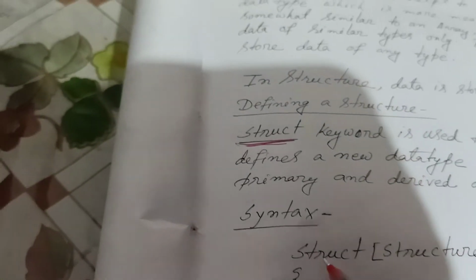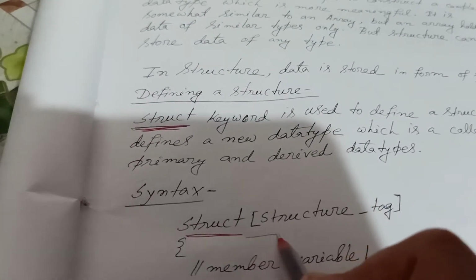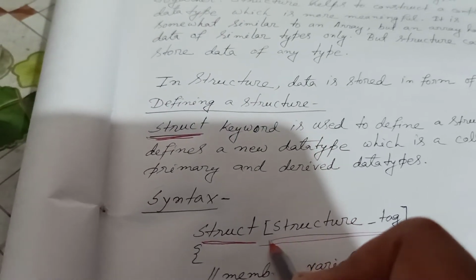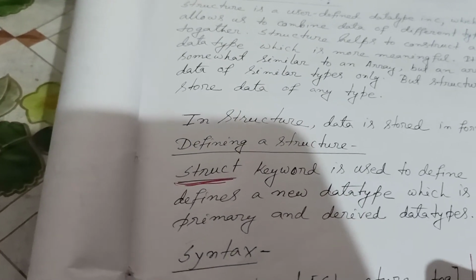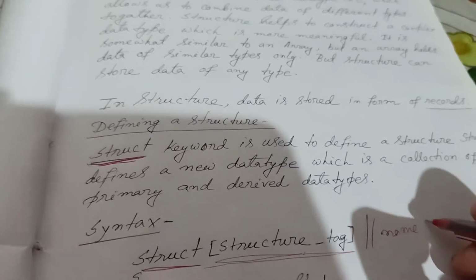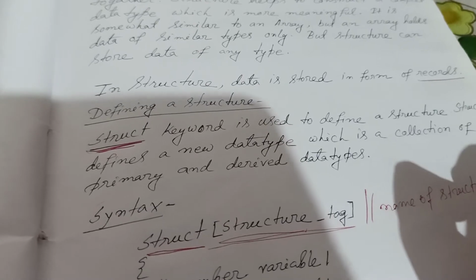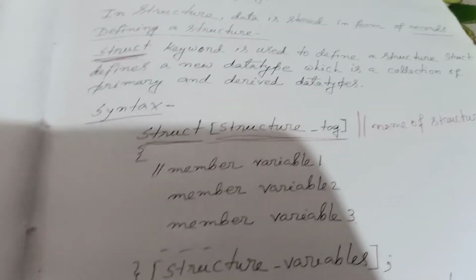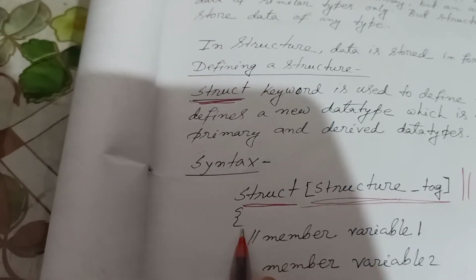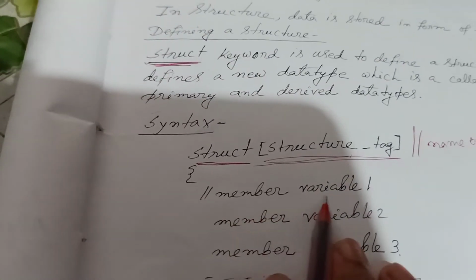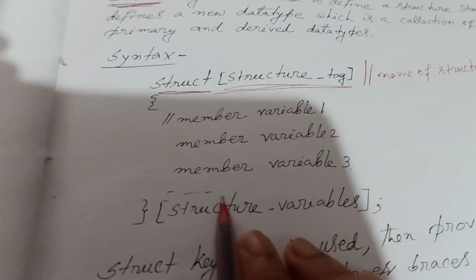So let's take a look at structure syntax. First we have to write the struct keyword. Okay. Then the structure tag. Structure tag means the name of structure. Okay. Then brace open. Then declare all the members, variable 1, variable 2, variable 3, and so on.